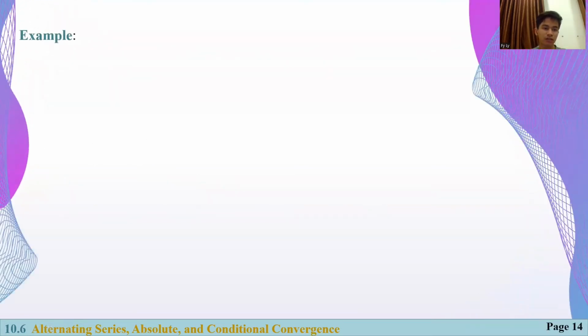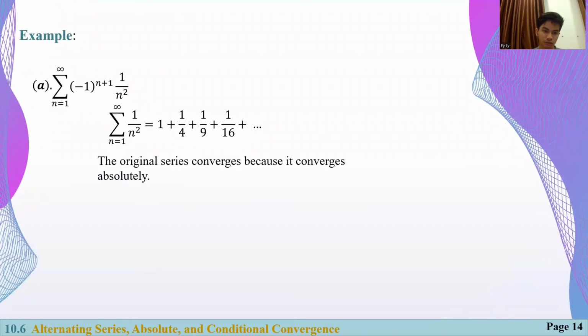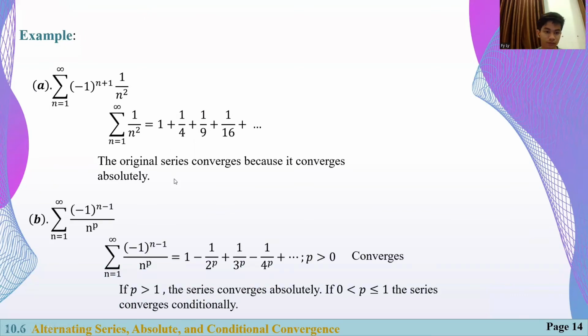So let's have a look at an example right here. The sum from n equals 1 to infinity of (-1)^(n+1) over n squared converges absolutely, because both the original series and the absolute series converge.